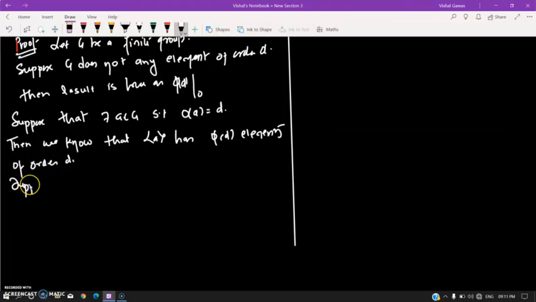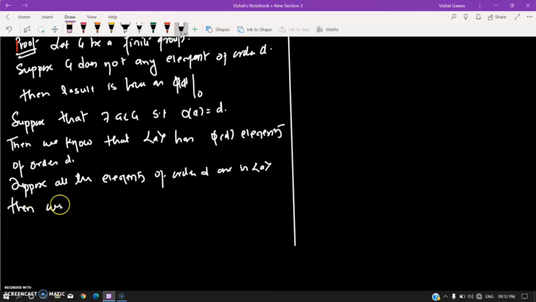So suppose all the elements of order D are in the subgroup generated by A, then we are done. That means there will be exactly phi of D elements.